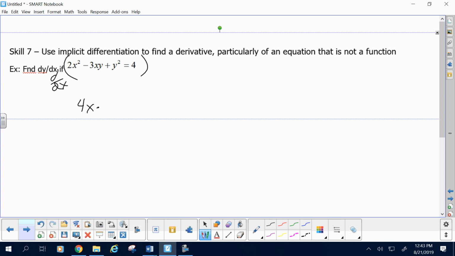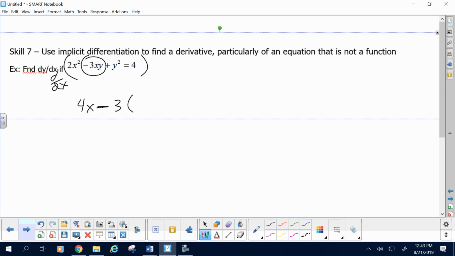But when you go to this term, there's a product rule, first of all. That negative 3, do you want to leave it out front or lump it in with the x? Leave it out. So negative 3 out front.